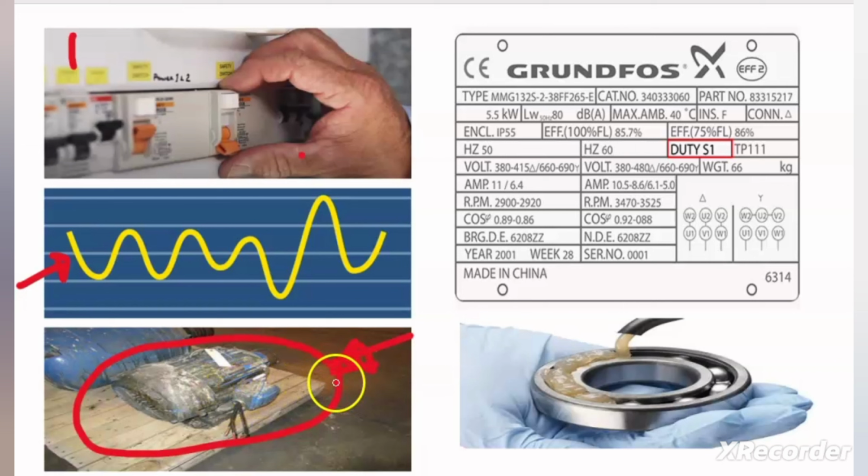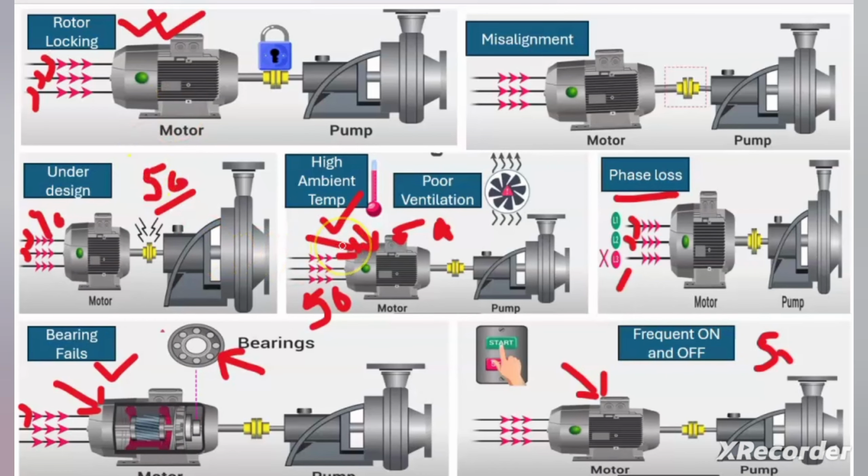So aging of the motor is also one of the reasons for overloading. The other reason is lubrication. Poor lubrication in the motor bearing could also be a reason for motor overload and overheating.